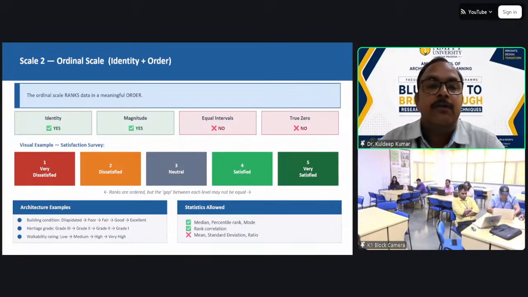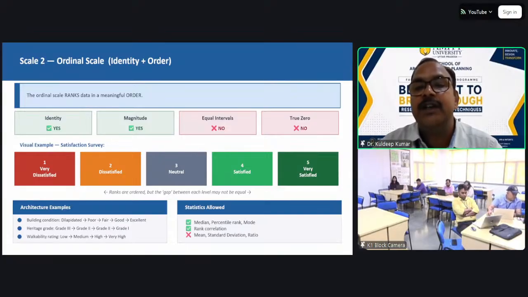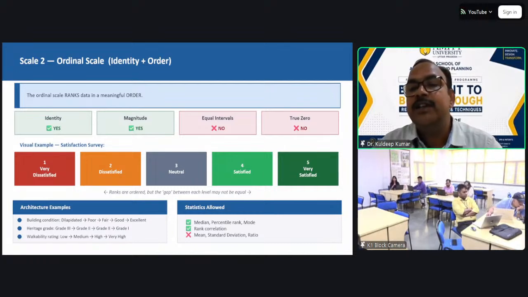Now we see the statistics allowed in ordinal data. We can calculate the medians, we can calculate the percentiles, we can do the correlation. So you can easily say that the median condition rating is fair. We can say that in this case.